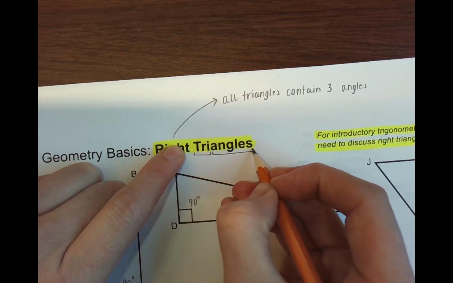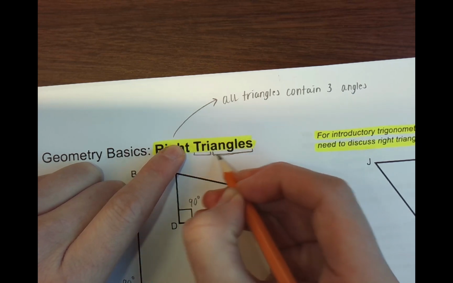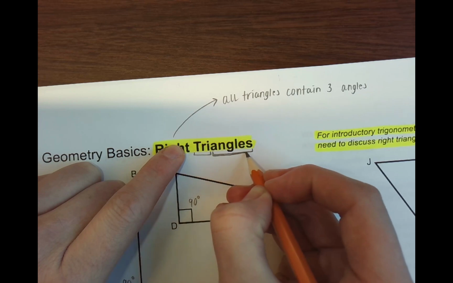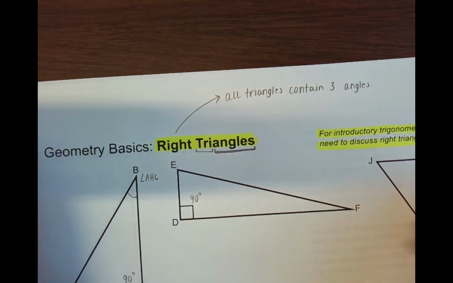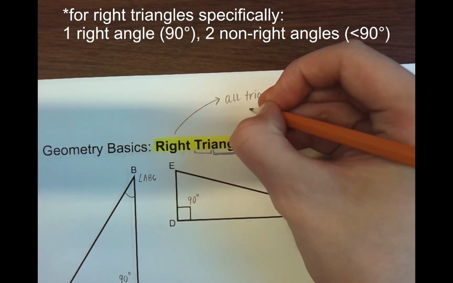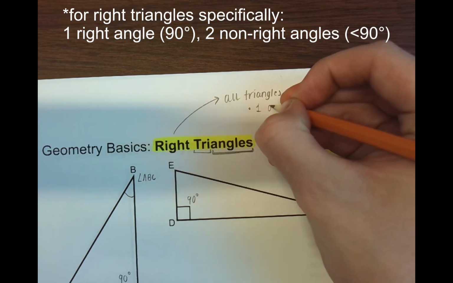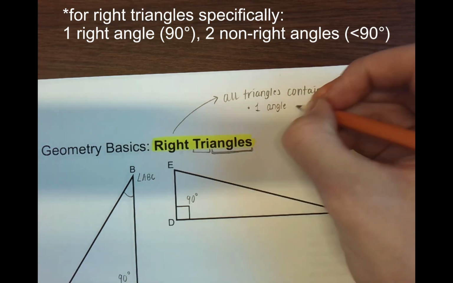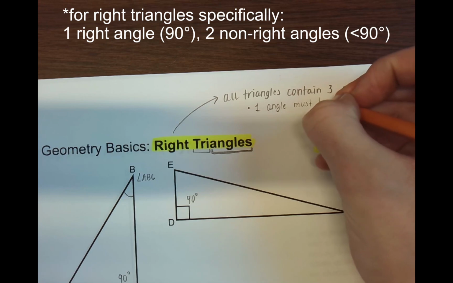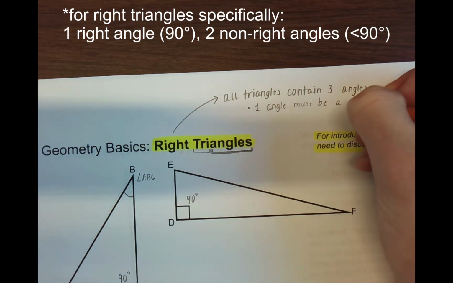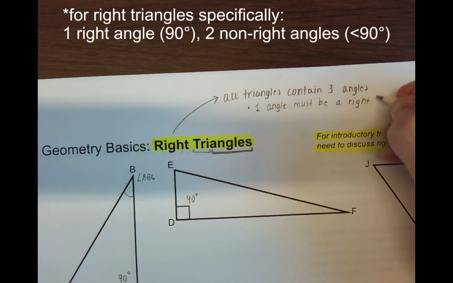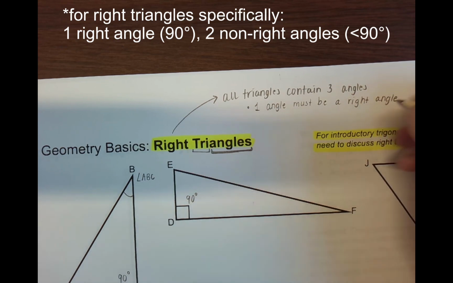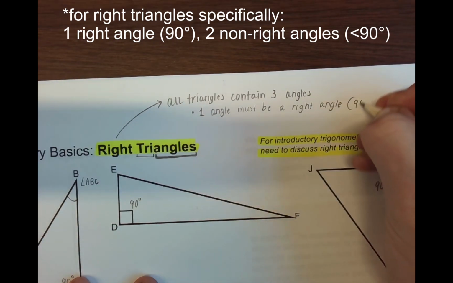So any triangle contains three angles. One angle must be a right angle, a 90-degree angle.